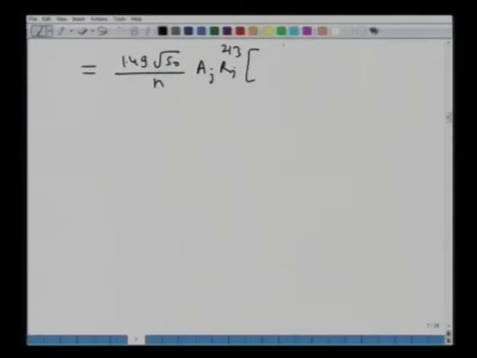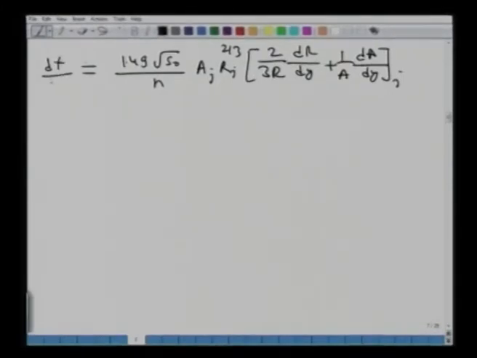What will remain inside is 2 over 3 R of your dR over dy plus 1 over A, because you have taken A and R outside, so you will have to divide by these things. You have dA over dy evaluated at j. And this is equal to your df over dy at the jth time step.